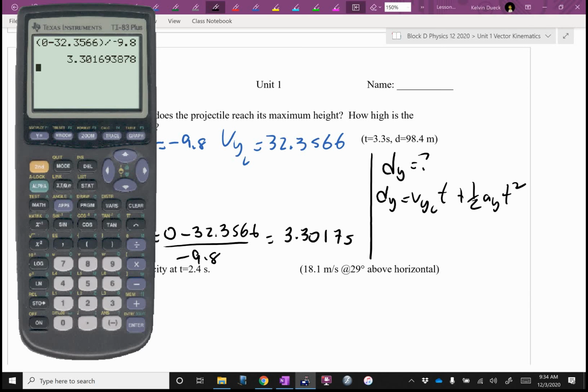Vy initial was 32.3566 times answer button plus 0.5 times negative 9.8 times answer button squared. And I get 53.4. Why does the answer say 98.4 and not 53.4?